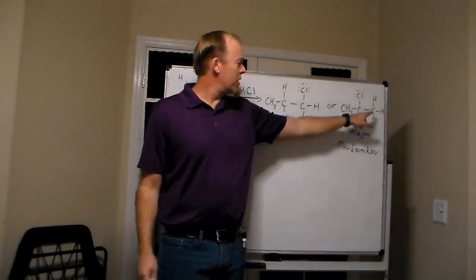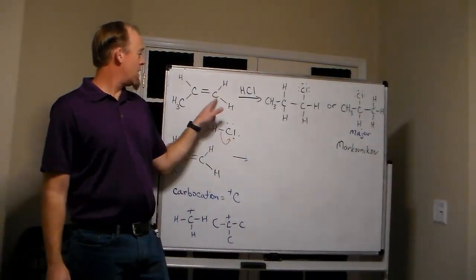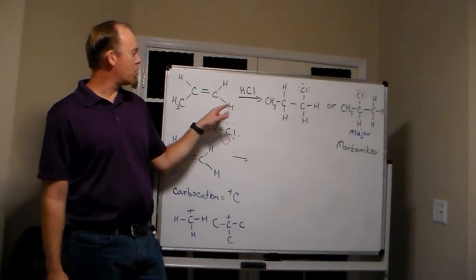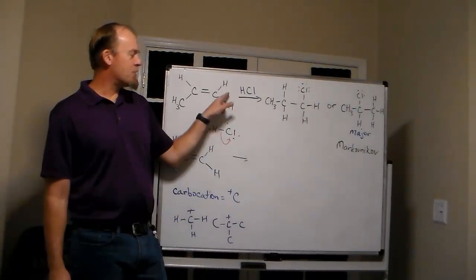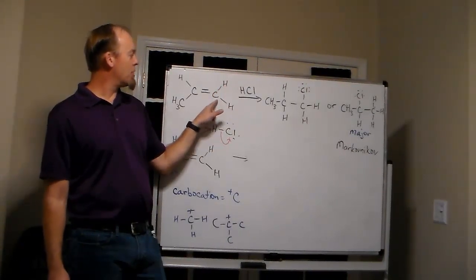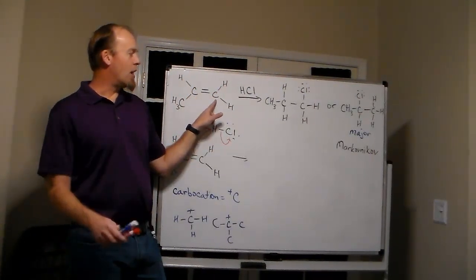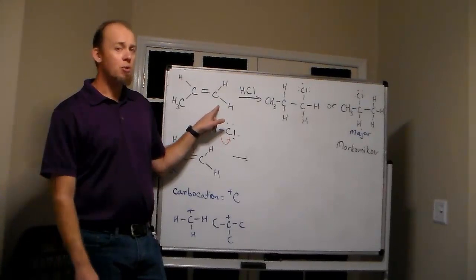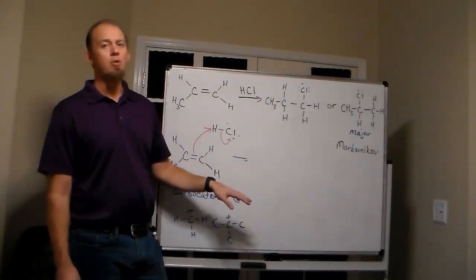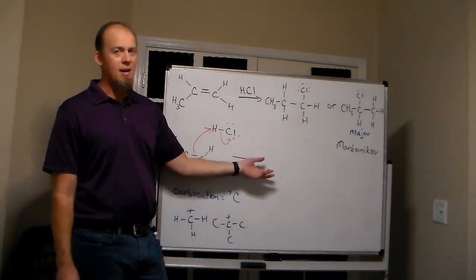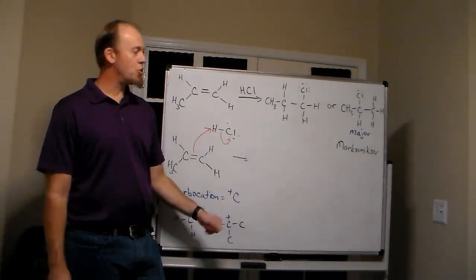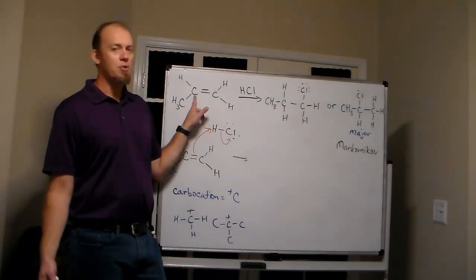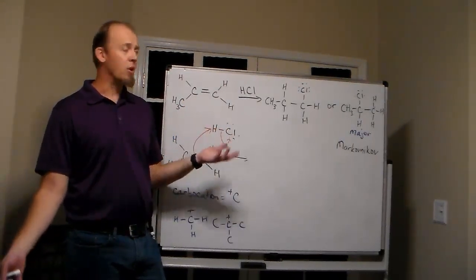Might be the easiest way to remember it is that if I've got two carbons on my alkene, a Markovnikov product is the one where the hydrogen adds to the carbon that already has more hydrogens. So if I look at this, there's two hydrogens here, there's one hydrogen here. Markovnikov goes ahead and puts another hydrogen where there's lots of hydrogens. He finds his friends, he gives more hydrogens to his friends. The not hydrogen, chlorine, bromine, iodine in this case, other reactions it might be OH, you'll see lots of these. But the other thing is going to add to the carbon with fewer hydrogens. So that's a way to think about or remember Markovnikov.